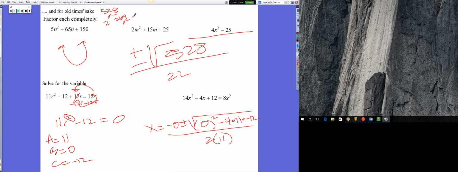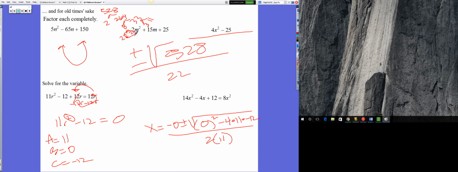So maybe I'm going to skip a bunch. 264 divided by 8. Because I don't want to sit and break in half, break in half, break in half. So if you skip, it'll go faster. Divided by 8 and 33. And 8 is 2 and 2 and 2. And 33 is just 3 and 11.